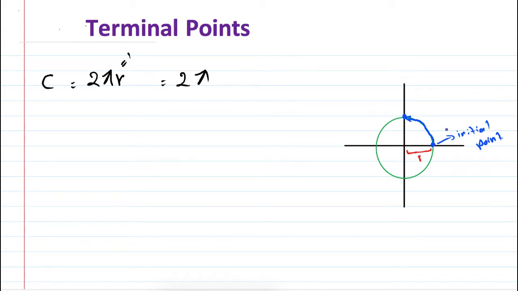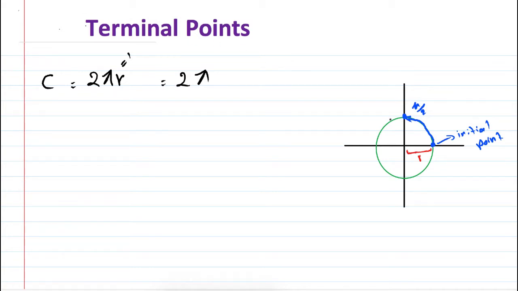If I divide that by 4, it will be 2 pi over 4, which is pi over 2. So from here to here, this is a distance of pi over 2. What is the coordinate of this point right here? Well, this is the radius, it is on the y-axis, y equals 1 and x equals 0.